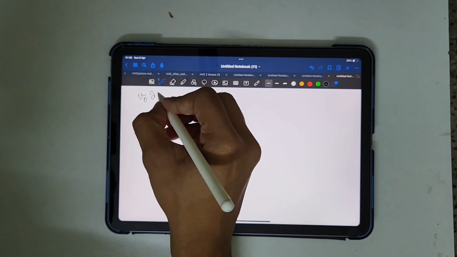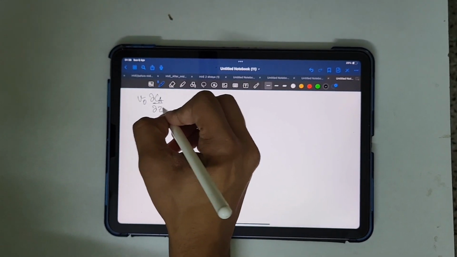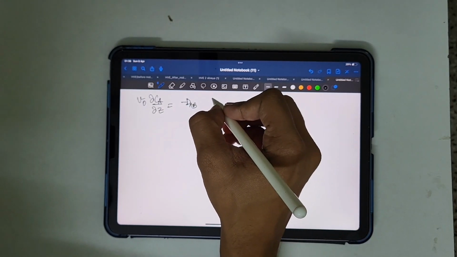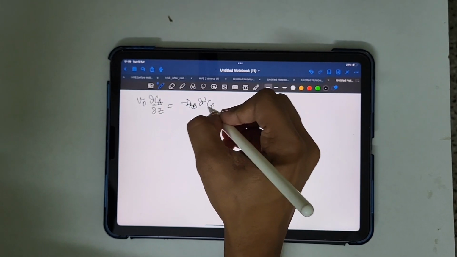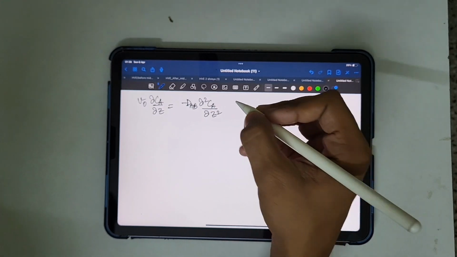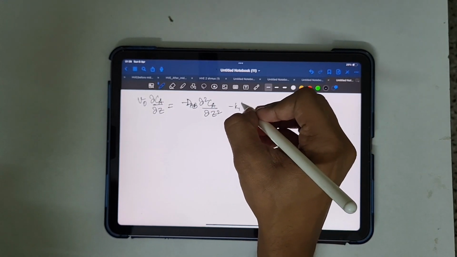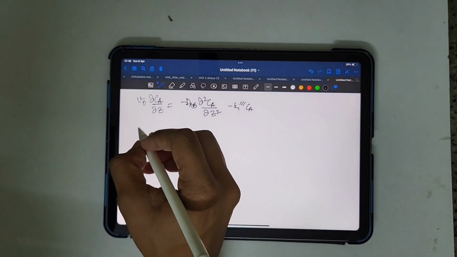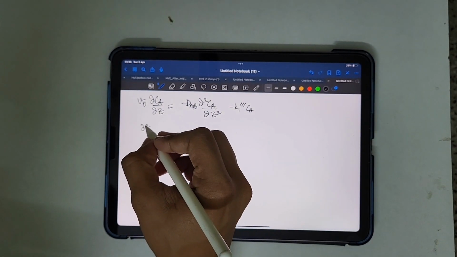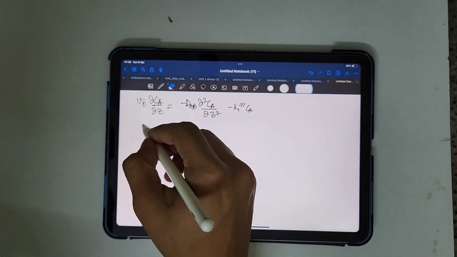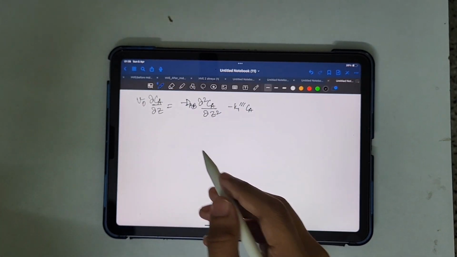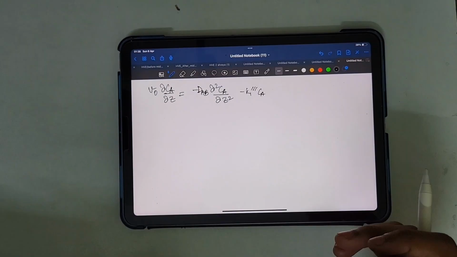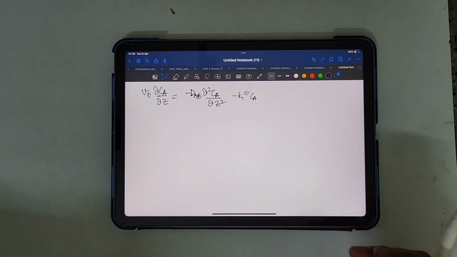The equation V0 times ∂CA/∂Z is equal to minus DAB times ∂²CA/∂Z² minus K1 triple prime CA is a standard differential equation of the form. Now we divide the whole equation by DAB.